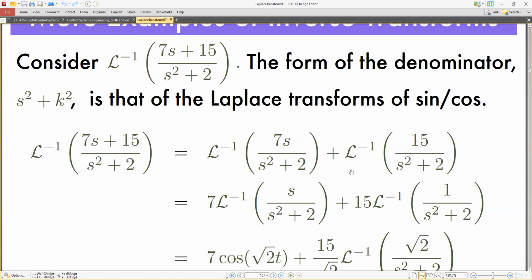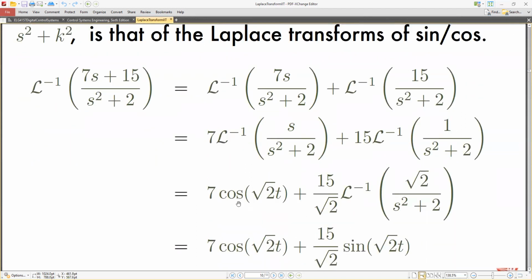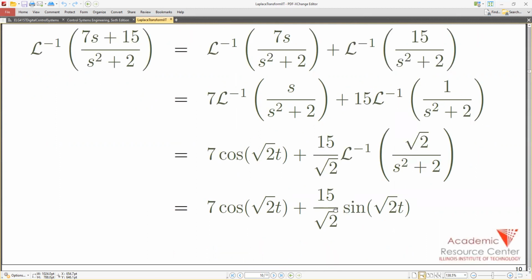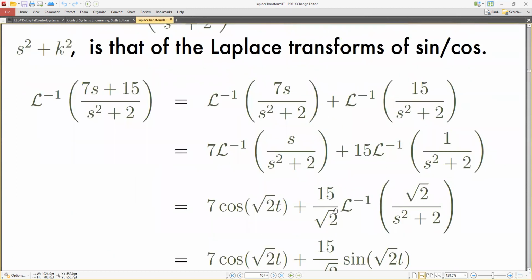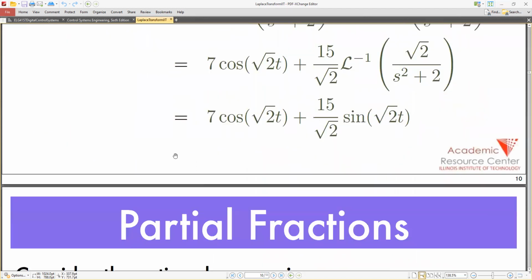Inverse Laplace transform of 15 divided by s square plus 2. So you can write like this. Take this out, 15 out. Now instead of this, you can write like this. Okay. So it would be the inverse Laplace transform.